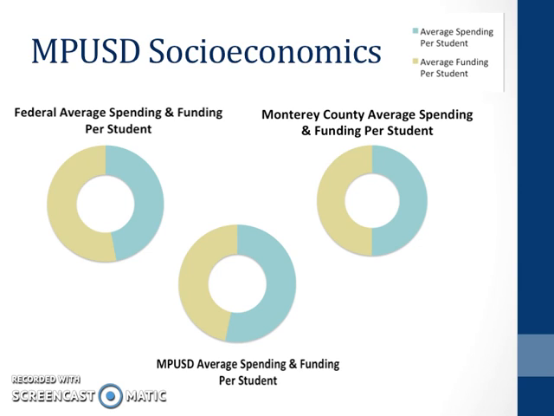You can see Monterey Peninsula district right here at the bottom, which has more blue, more spending, than what you would see right here in Carmel. Or sorry, in the federal.